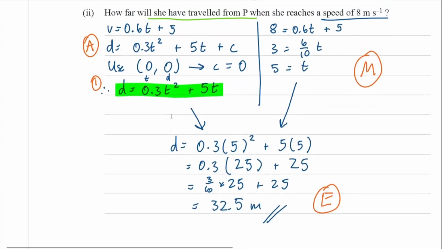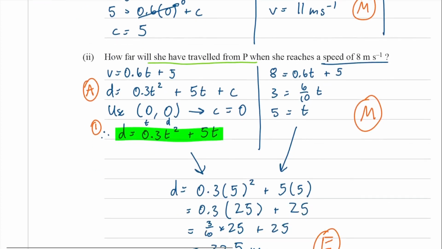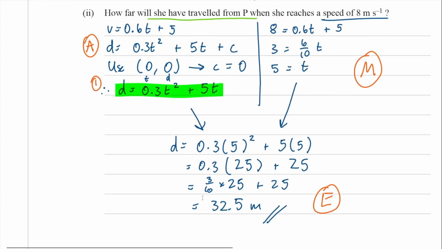So that's all the way up to part 2. Right, so Leo and Meg both traveled 32.5 meters, right until the speed of 8 meters per second. However, from that point, Leo started to decelerate, whereas Meg assumedly keeps accelerating, or maybe flattens off and just goes at a constant speed.